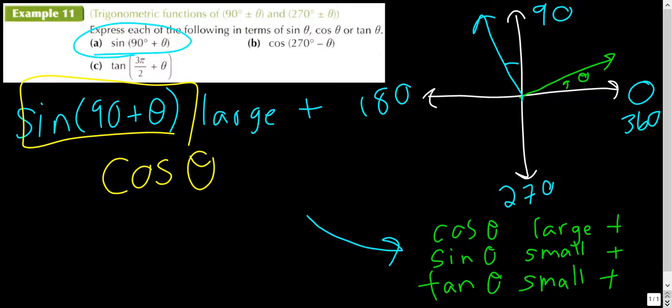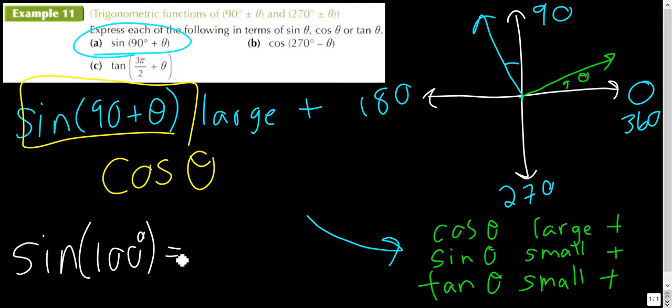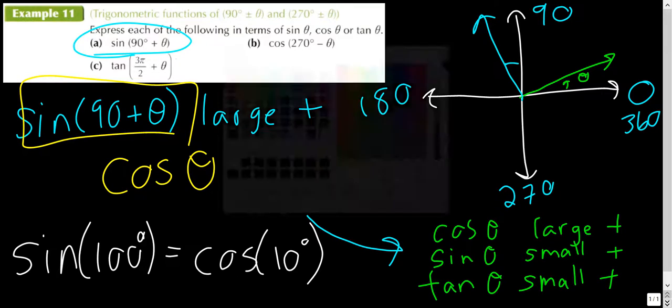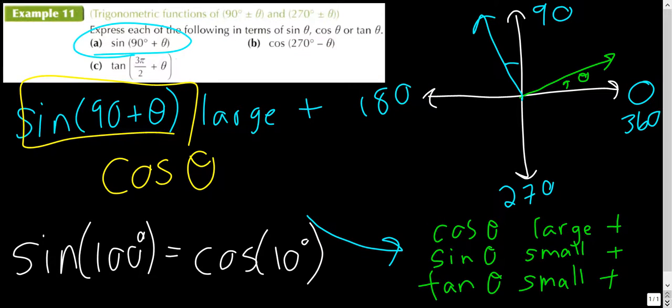So, quick example, the sine of 100 degrees, which is very similar to what we have in this problem, is the same thing as the cosine of 10. They're the same amount of size and the same sign of each other, so they're always going to be the same. So anytime you add 90 to an angle, you're going to get the same value for sine as you had for cosine originally.